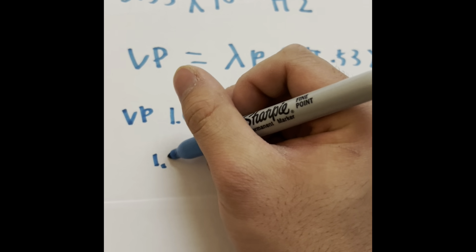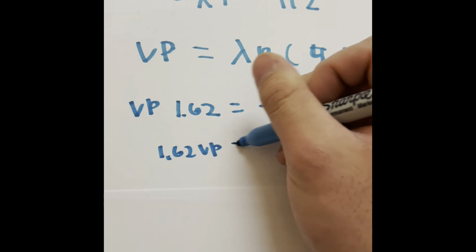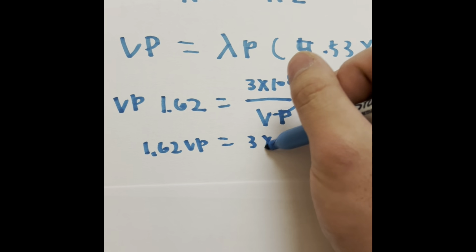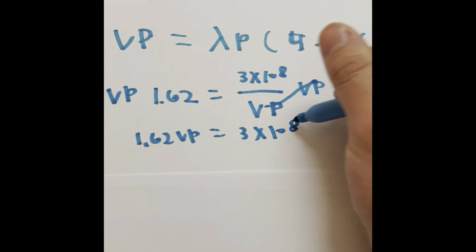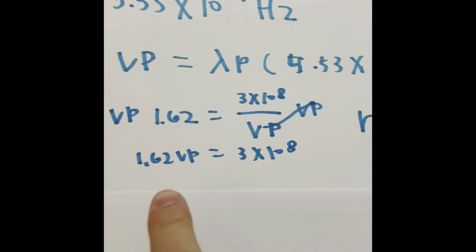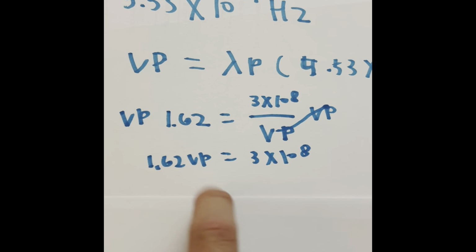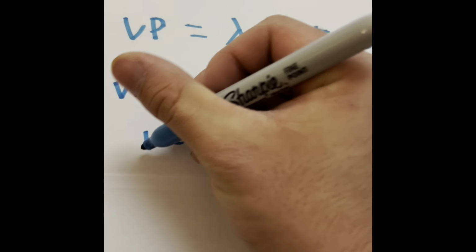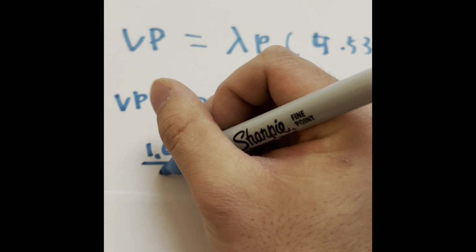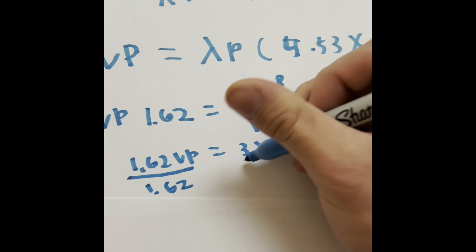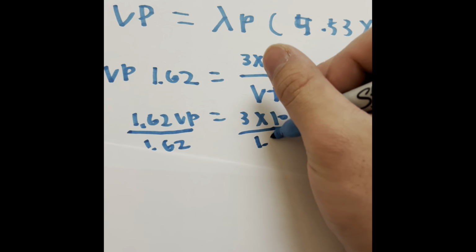So 1.62 VP equals 3 times 10 to the 8th power. I just rearranged it because normally I love it and it's satisfying when you put the variable right behind the number. Divide by 1.62 and divide by 1.62.